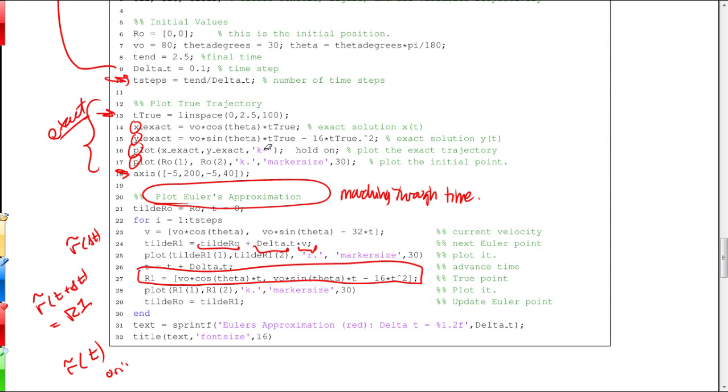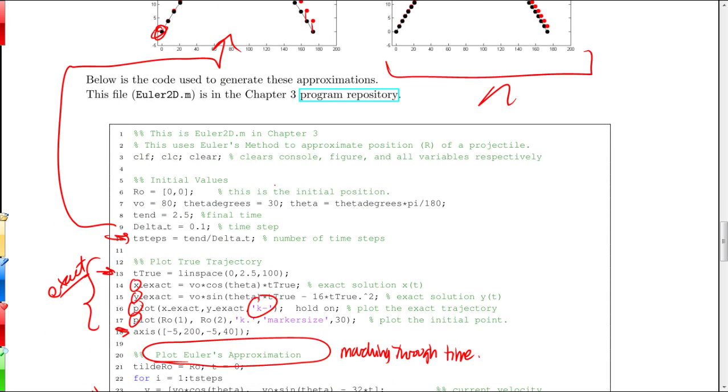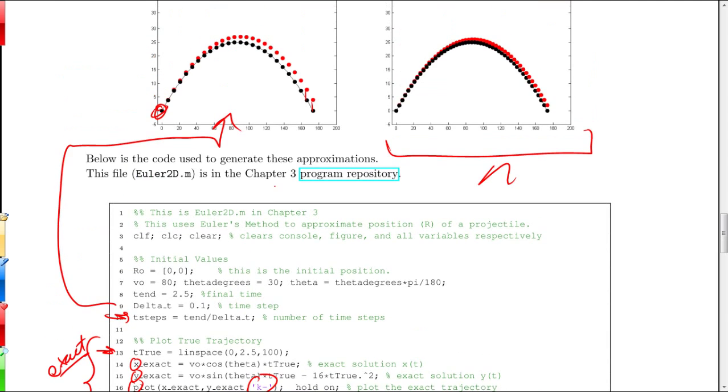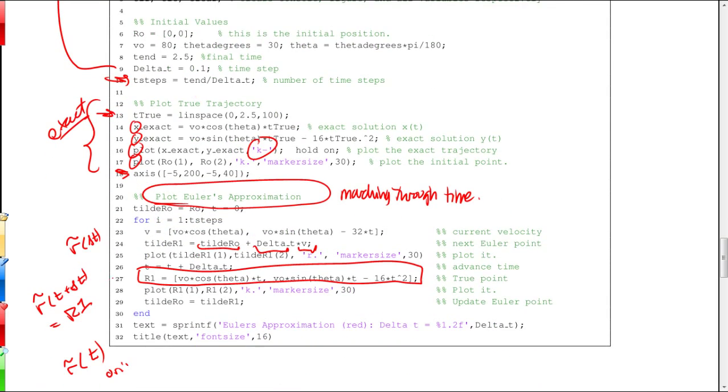I'm not sure where this black line is. All right, I think it's x exact, y exact. Oh yeah, you can see it's this little line here. But the big black dots come from here. So I'm plotting the exact solution in black dots and the approximate with the red dots.